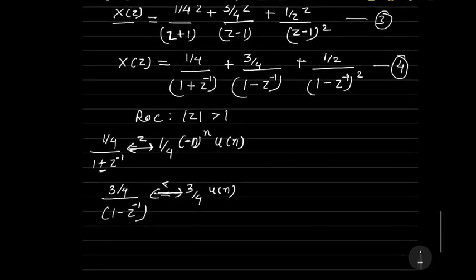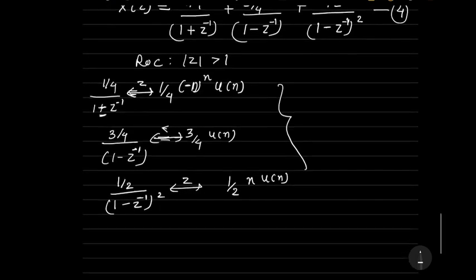And the third term, (1/2)/(1 − z⁻¹) whole square, its z transform is (1/2) n u(n). So x(n) is the summation of these three.